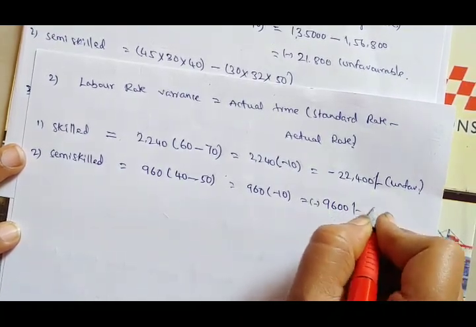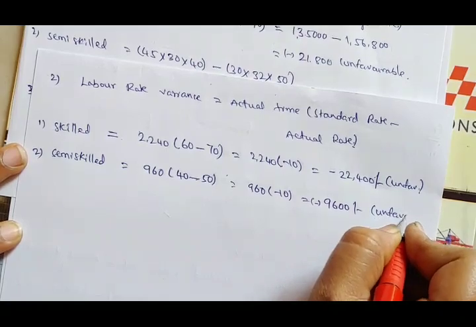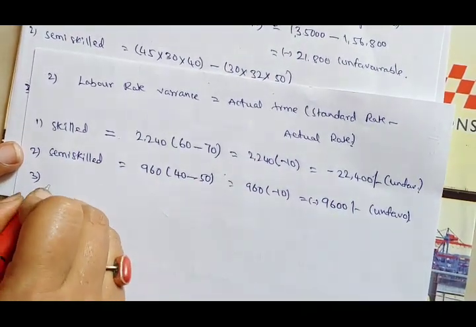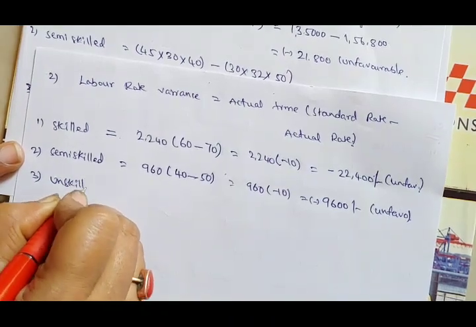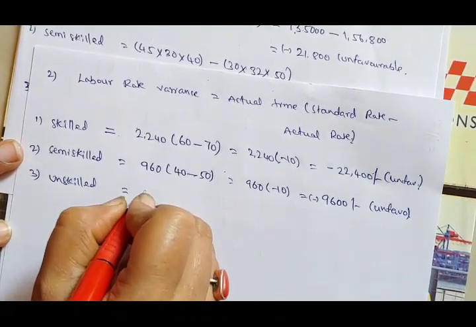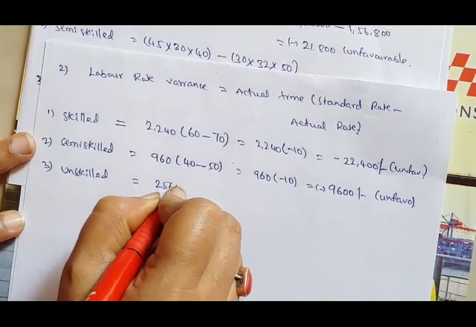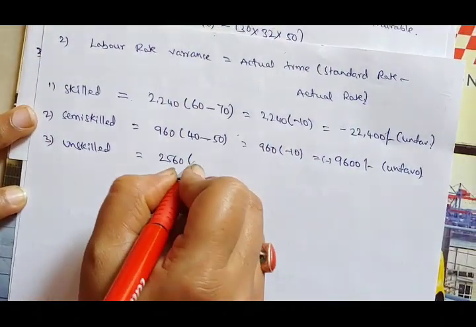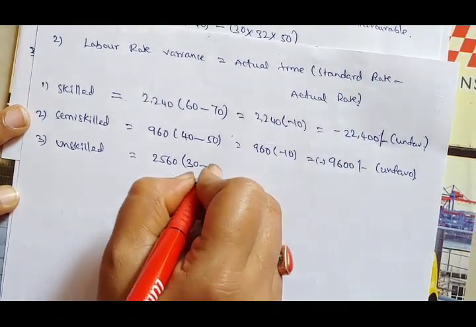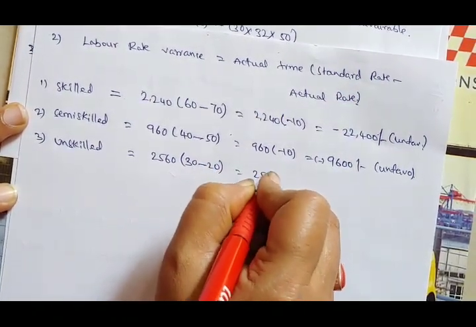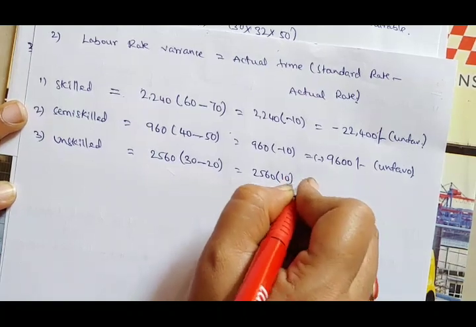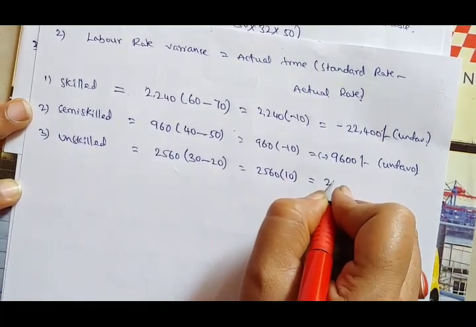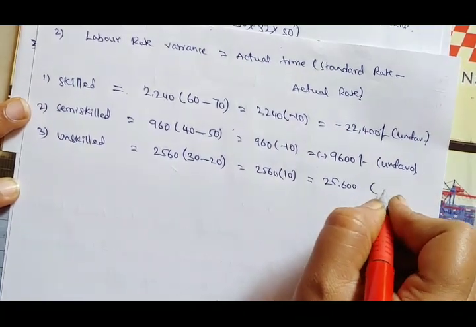It is unfavorable. Next, unskilled. Actual time is 2,560. Standard rate is 30 rupees minus actual rate of 20, equal to 2,560 into 10, equal to 25,600. It is favorable.